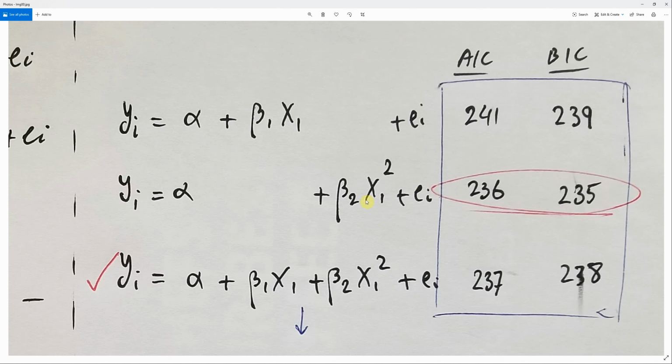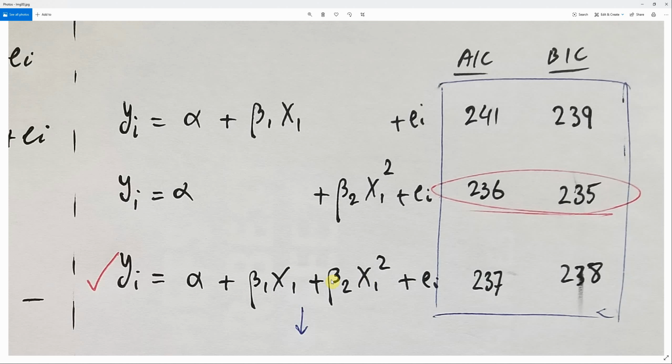You say, wait a minute, don't go with that because it hasn't included the lower term before that one. In this one, although you don't end up with the best AIC and BIC, they are still better than what you get in the first equation. But because you have included every term, that's the best model to choose.